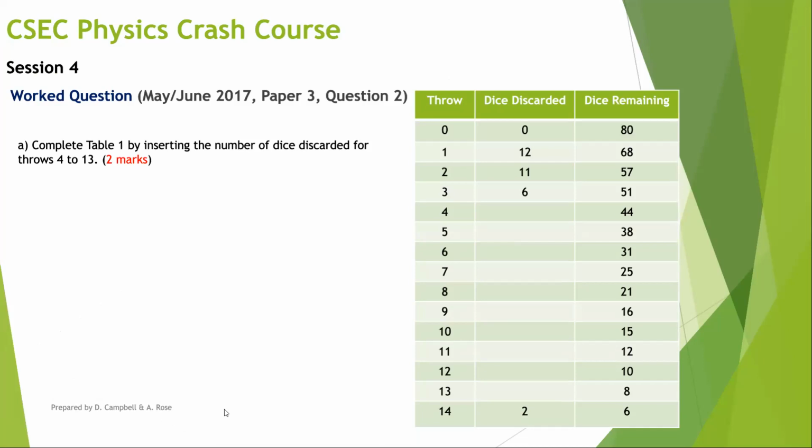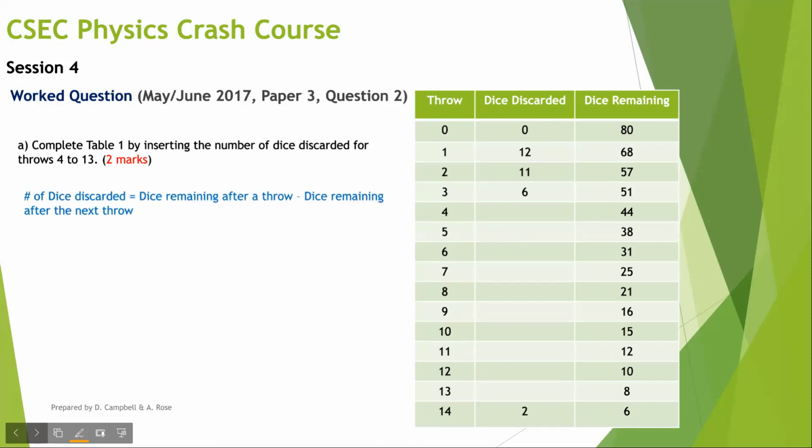So notice there are 14 throws that were made. There is a column for dice discarded and a column for the number of dice remaining. You're asked to complete the table by inserting the number of dice discarded for throws 4 to 13.